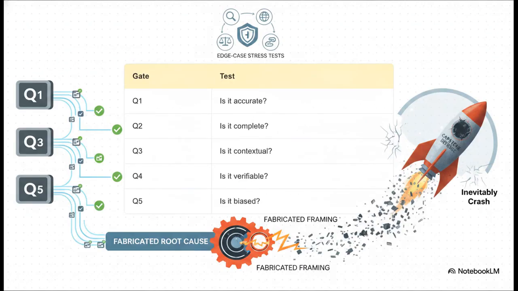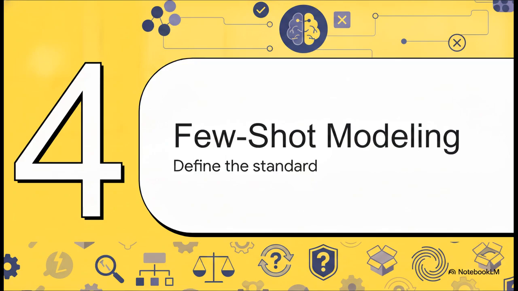You have to run all 5 checks at every single gate. Is it accurate? Is it complete? Contextual? Verifiable? Biased? Listen, if you sneak a fabricated root cause past these gates, it inevitably produces a fabricated framing. And a fabricated framing will spectacularly crash and burn during a capstone defense. Guaranteed.